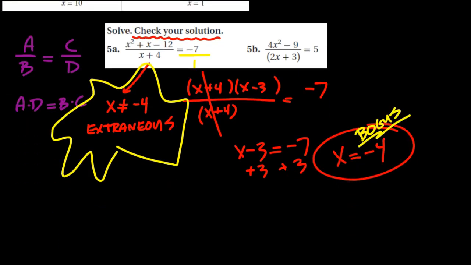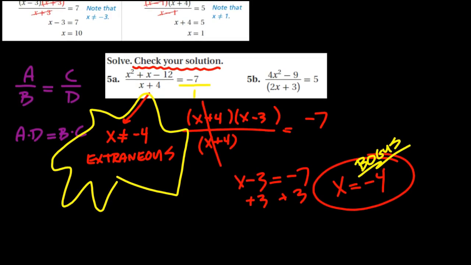No, 0 is a number for x that would make the equation equal something. So if I put a 0 in there for x, I would get -12 over 4, right? Which would be a -3. And does a -3 equal a -7? No, it's a big long 7 is what it is.